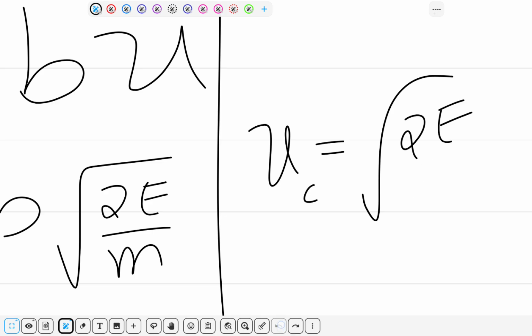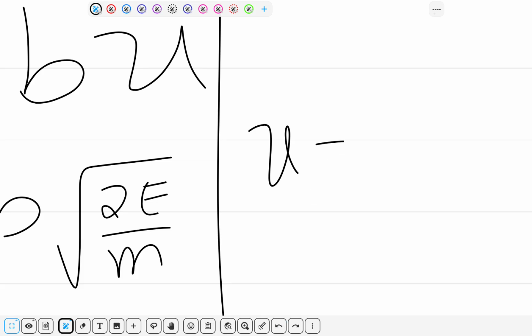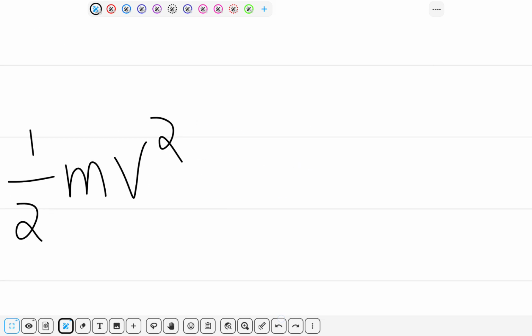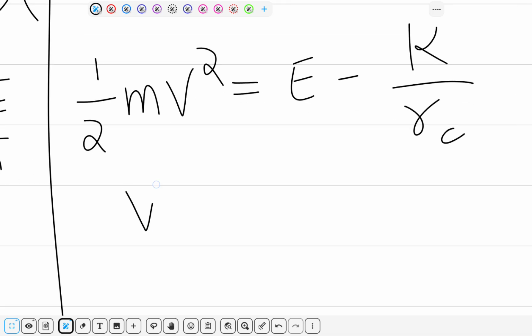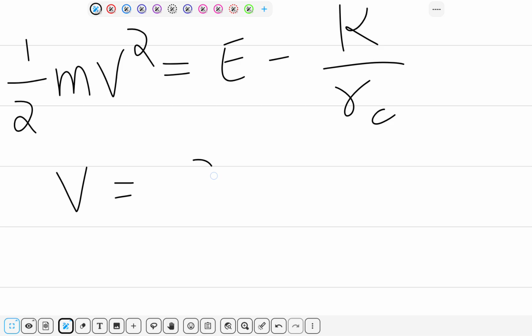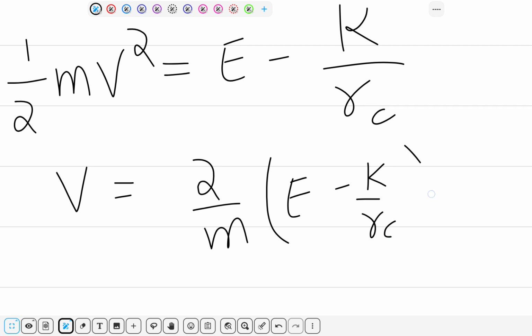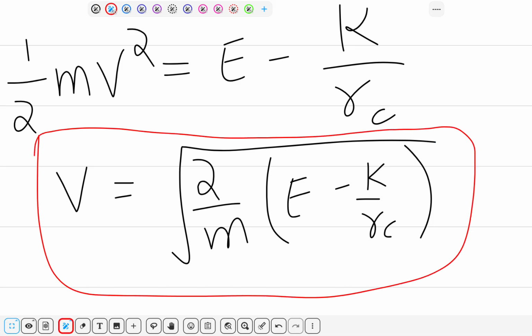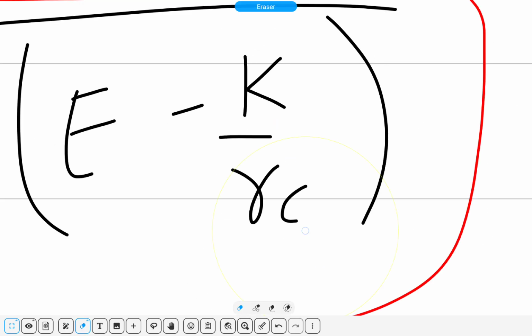Okay, no, sorry, this will not be my speed. I can't find the speed like that. It should be subtracted by potential, and so my speed will be this. So this is nice, this is very nice. And I know R_C, it is complicated, but I do know R_C.